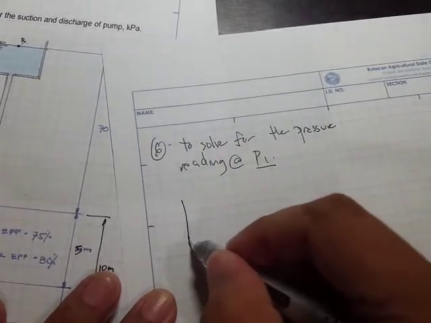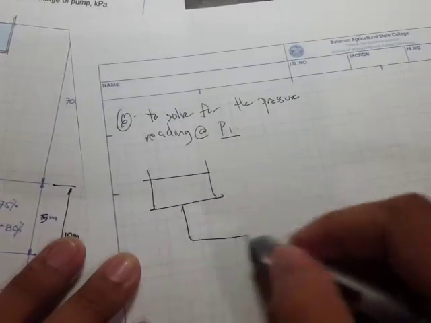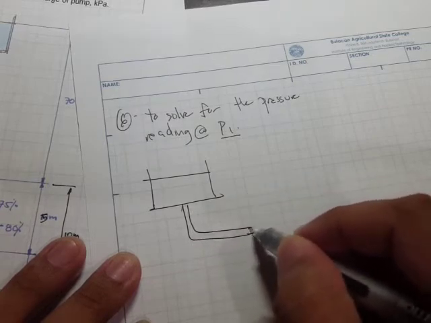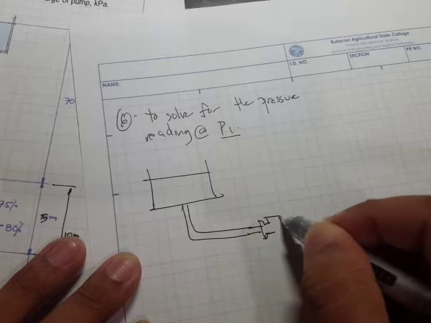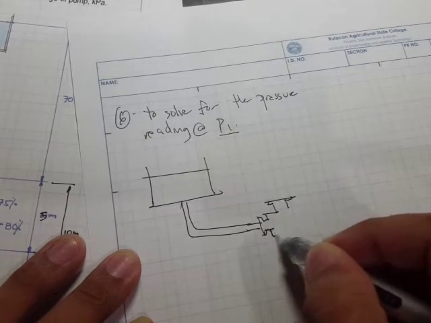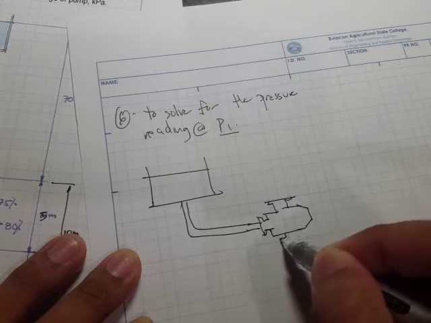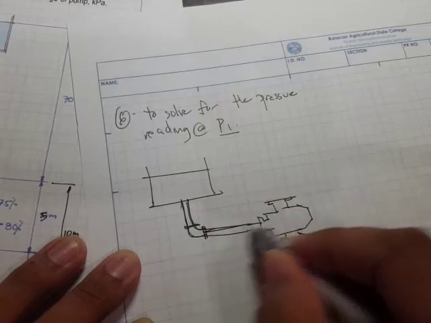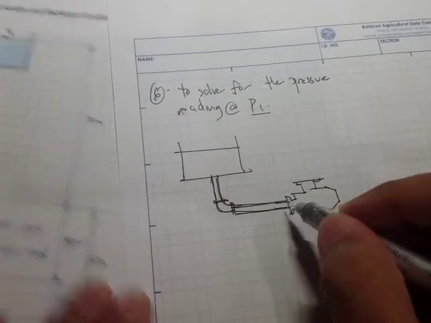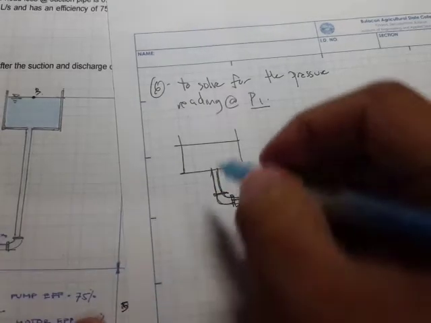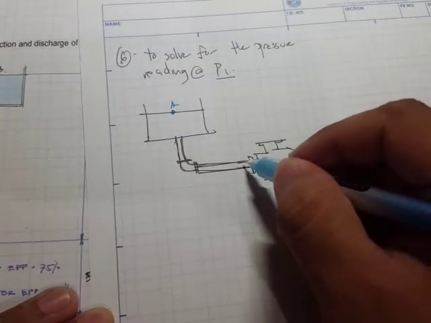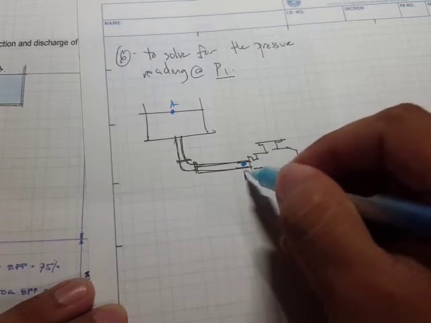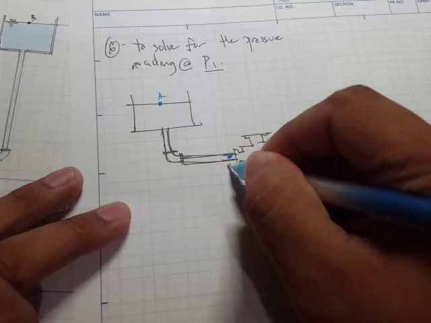So if we draw it here, here is our point A, and here's our point 1. Or since we use point 1 right here, let's just write point 3.